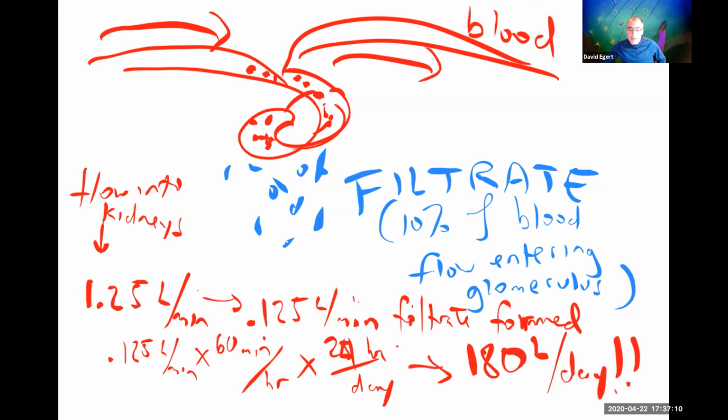So this filtrate getting formed in the nephrons, you're making 180 liters of it per day. Obviously this is not your urine. It's a huge volume. You're going to have to reabsorb 99% of that back into your body. Only about 1.5 to 2 liters of that is going to ultimately become the urine that comes out of your body. So you're making a bunch of this filtrate, 180 liters per day.